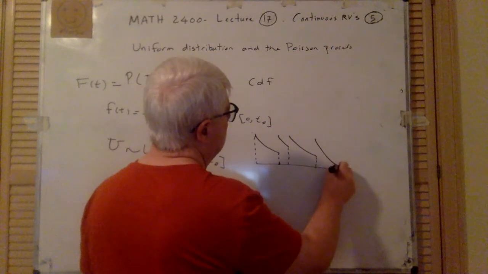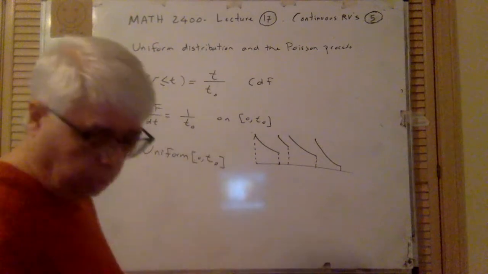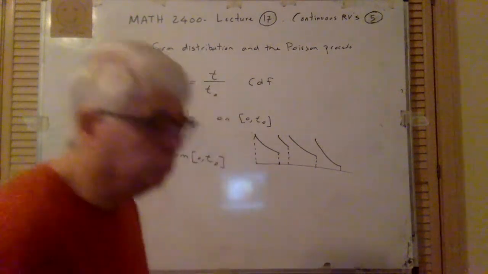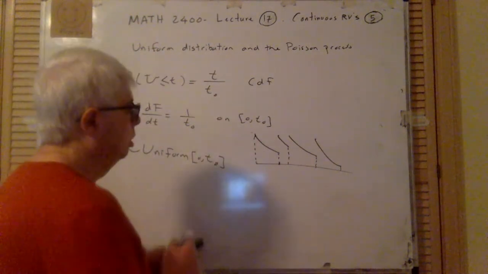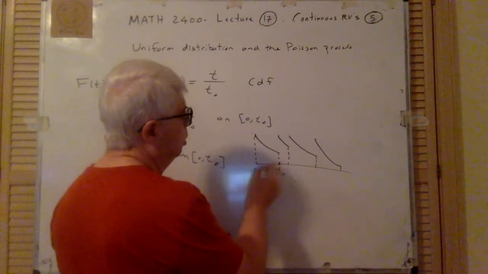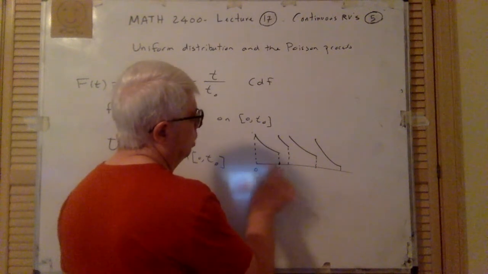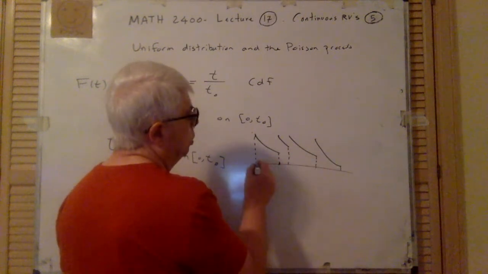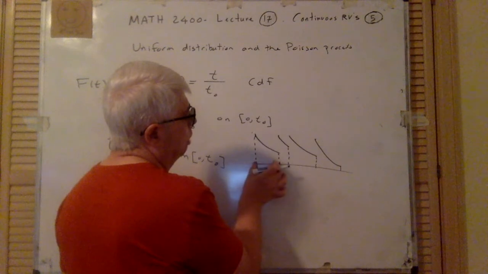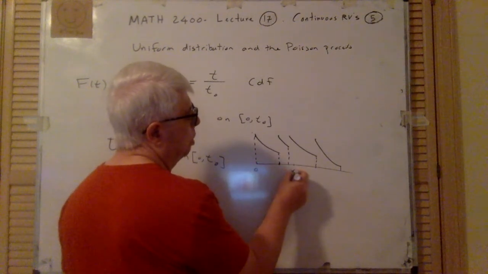But in each of these intervals, this is like t0. Well, this is not t0 in fact, t0 can be anywhere. If you take any 0 to t0 here, so t0 can be here.